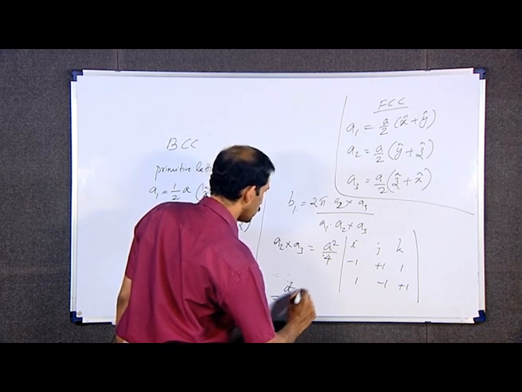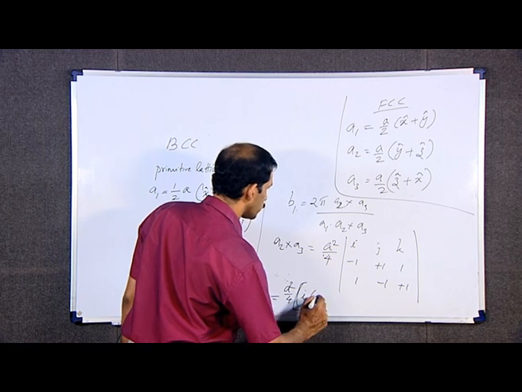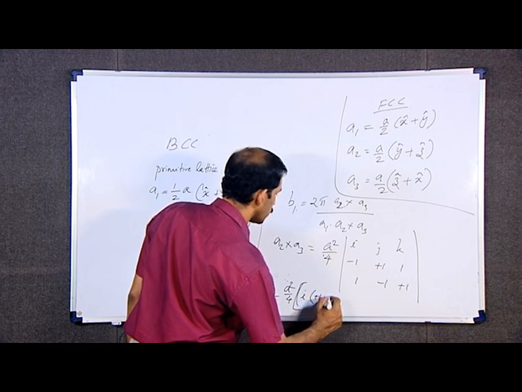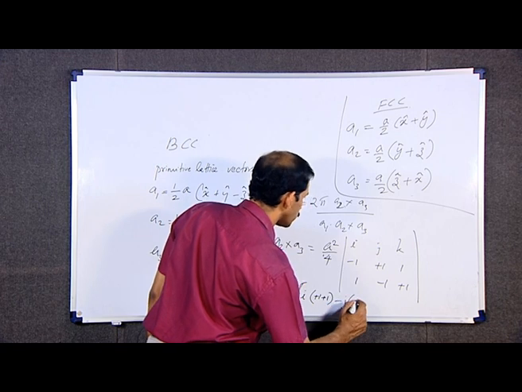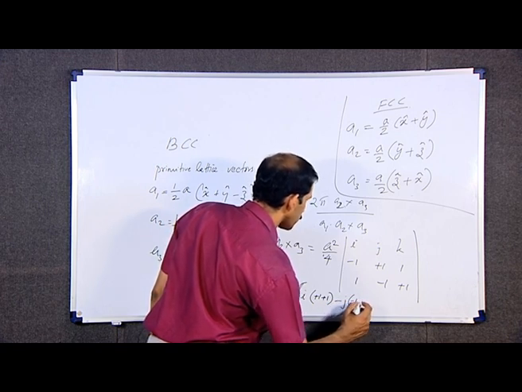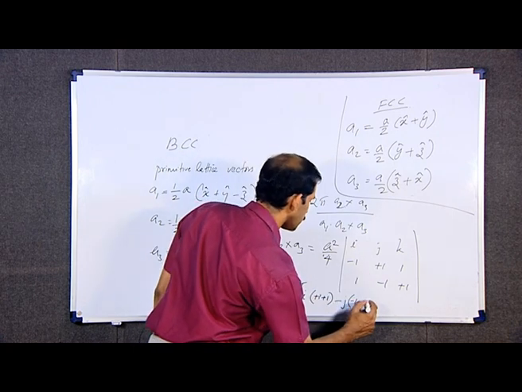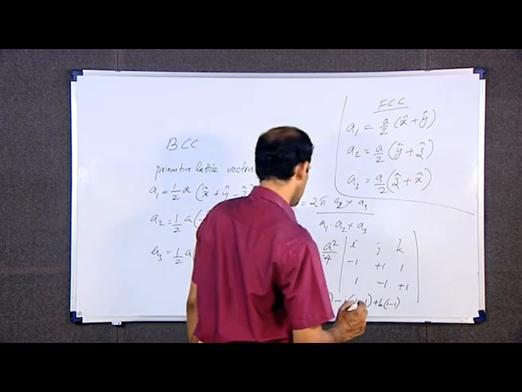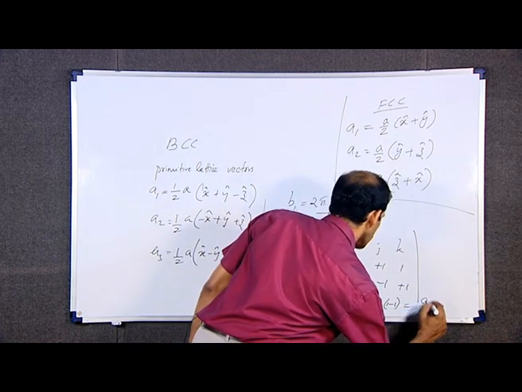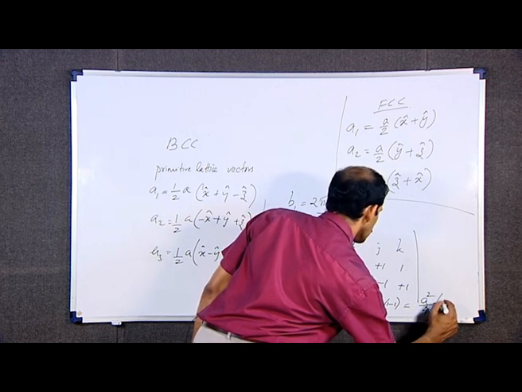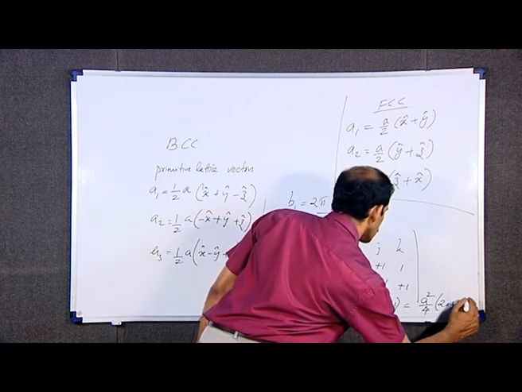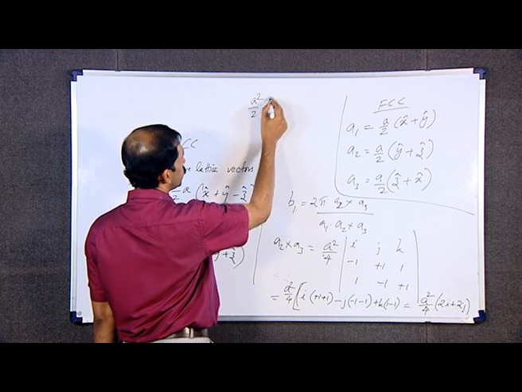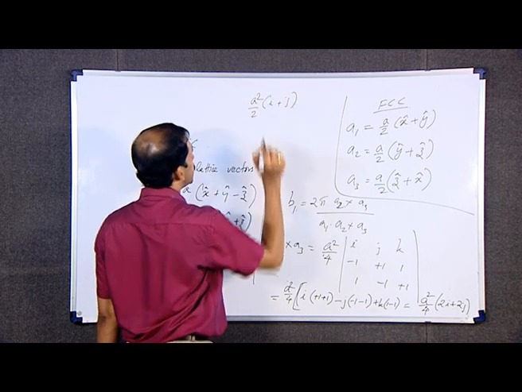A squared by 4 into i into plus 1 plus 1, minus j into minus 1 minus 1, plus k into 1 minus 1, which will be A squared by 4 into 2i plus 2j, which is A squared by 2 into i plus j.